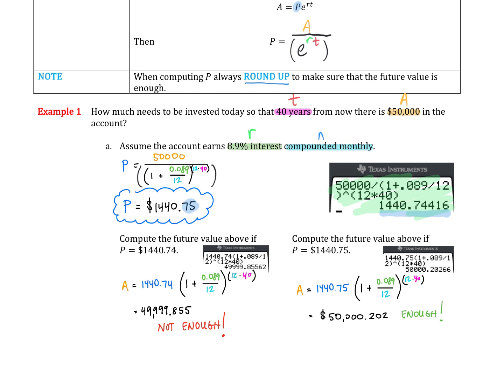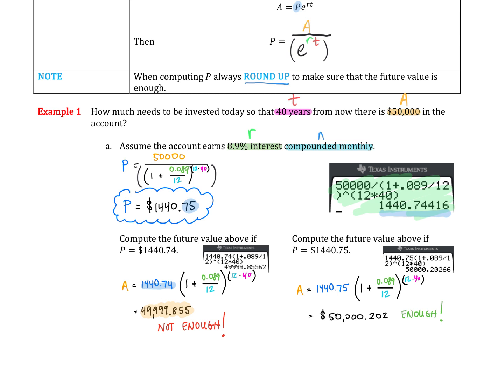Now down below, you can see, if we were to not round up, and if we were to use that present value of $1,440.74, would we have enough money in our account? So using that future value formula, you would see that we only have $49,999 and roughly 85 cents in our account, which is not $50,000.